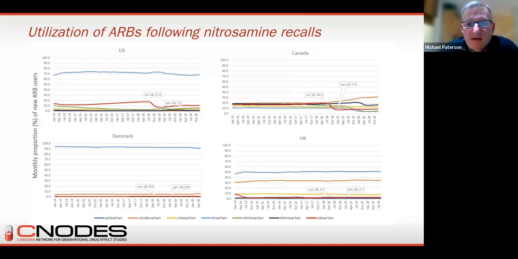And you can see here the impact that the recalls had on the main ARB that was affected, valsartan, particularly in the US and Canada, dipping down in the summer of 2018 and not recovering after the recalls. Very little impact in the European countries, primarily because of the mix of ARBs that were used, the market share of ARBs in Europe being quite different than we see in the US and Canada. Next slide, please.